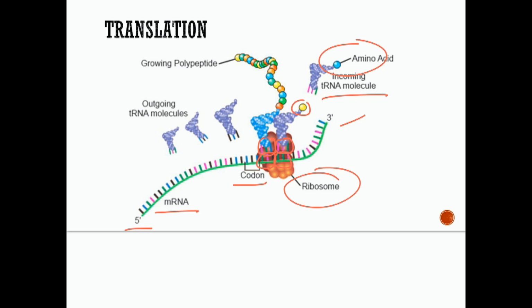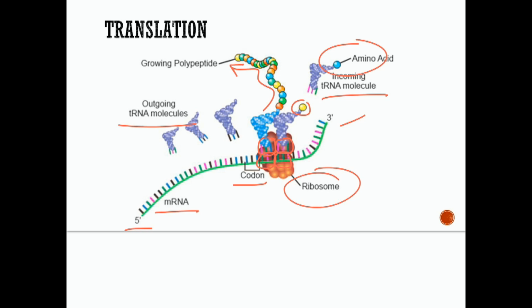Step 5, as amino acids are added next to each other, peptide bonds form between them. And 6, previous tRNA molecules detach from the mRNA strand and they depart from the ribosome. Notice they left their amino acids behind.